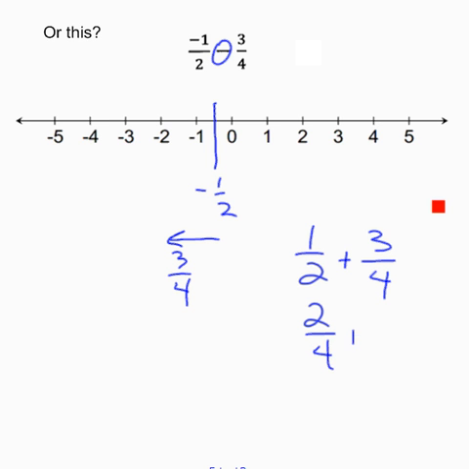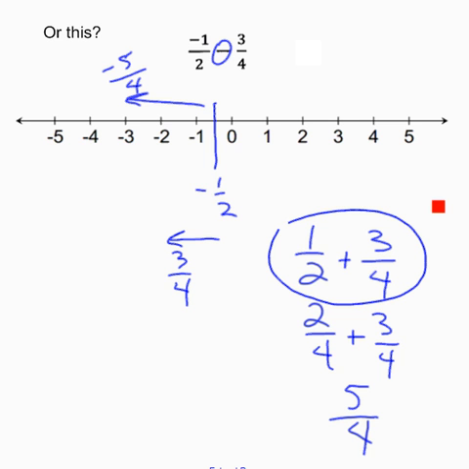That's 2/4 plus 3/4, that's 5/4. But we know that where we're really going to wind up is at negative 5/4, and we don't have to worry too much about where that is on the number line. It's just knowing that we ended up having to add the two fractions even though they looked like they were being subtracted.